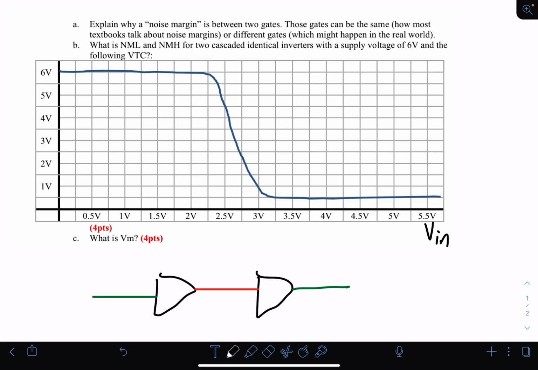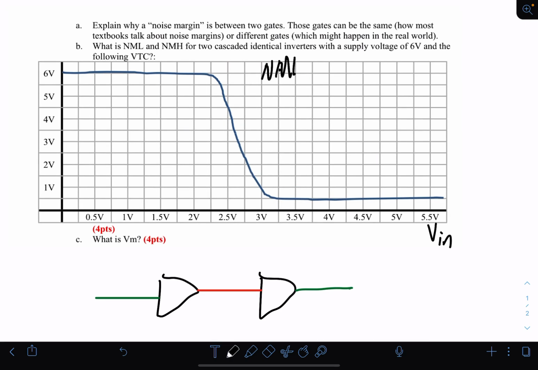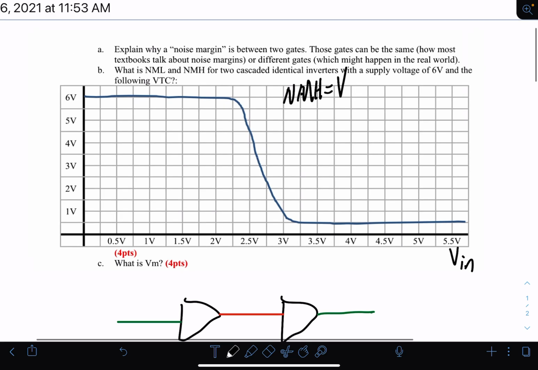I would say the best way to explain this is to actually go about solving this problem. So let's first look at noise margin high. And this is denoted with the equation VOH max minus V in high.